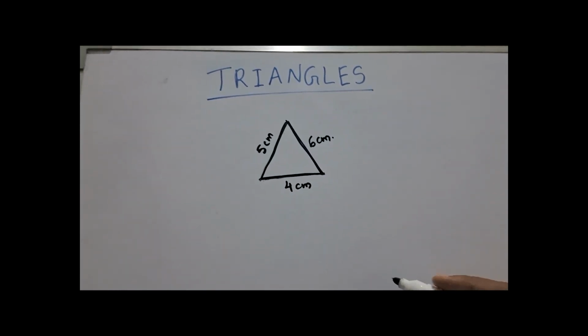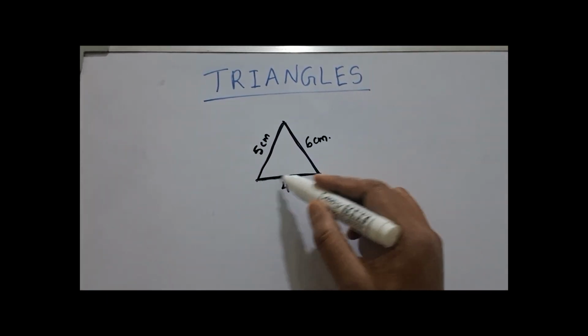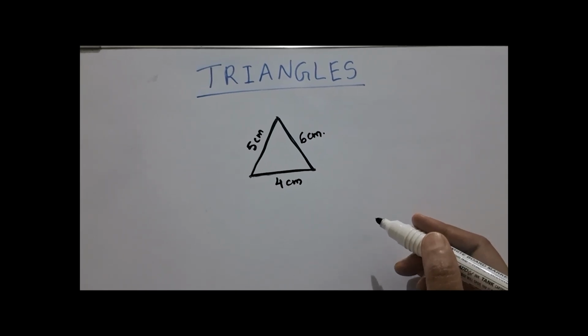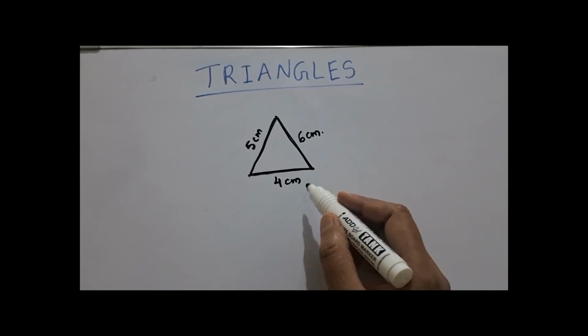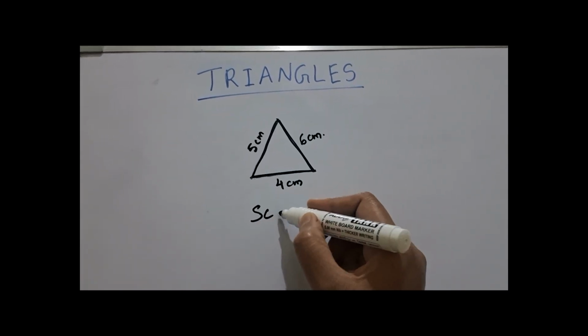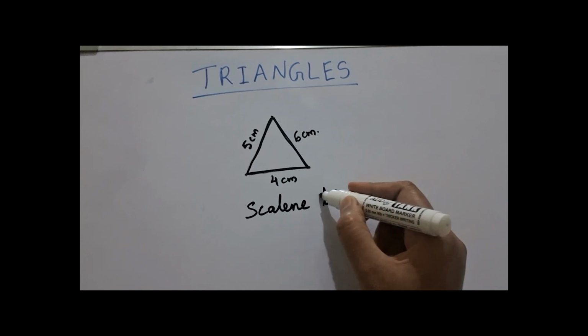When all the three sides of a triangle have different lengths, then that type of triangle is called a scalene triangle.